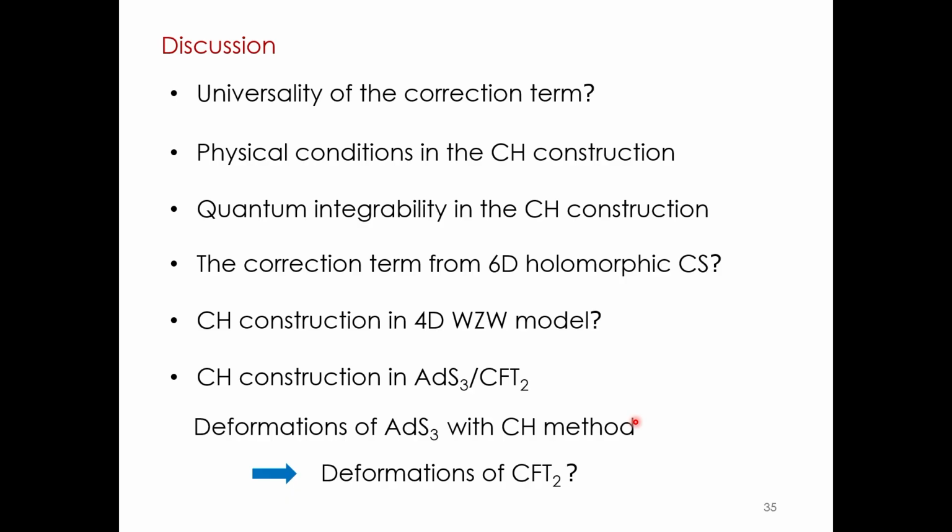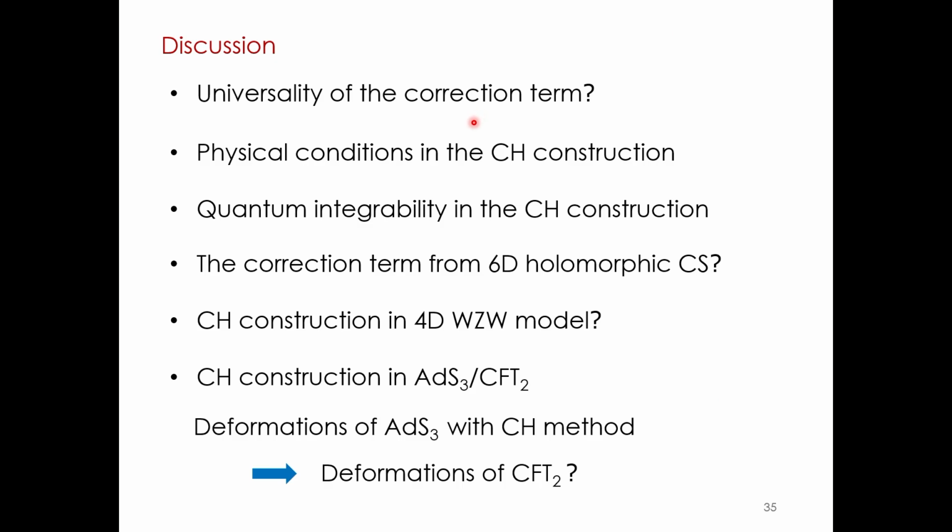Of course, we need to take an appropriate basis x1 and x2. It is not so non-trivial, but basically straightforward to check the universality of the correction term. I want to check it by considering different seed theories, by changing the meromorphic function, or by changing the boundary conditions, for example from the trivial ones to non-trivial ones, like Yang-Baxter deformations.